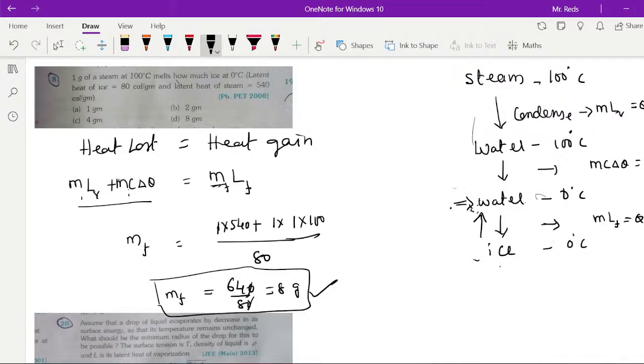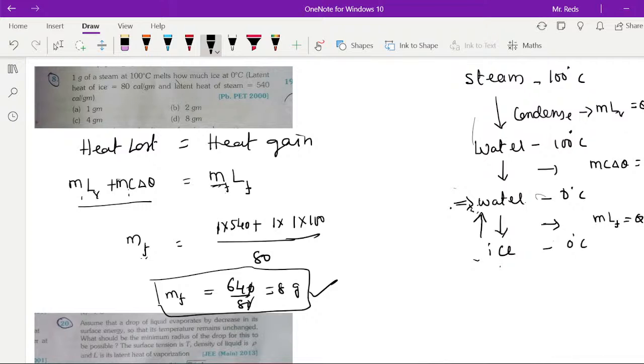When we are dealing with ice, the mass will change. So based on this condition you will get the mass of ice, which you can take as the final mass. This is the mass of steam and hence the mass of water, and this is the mass of ice.